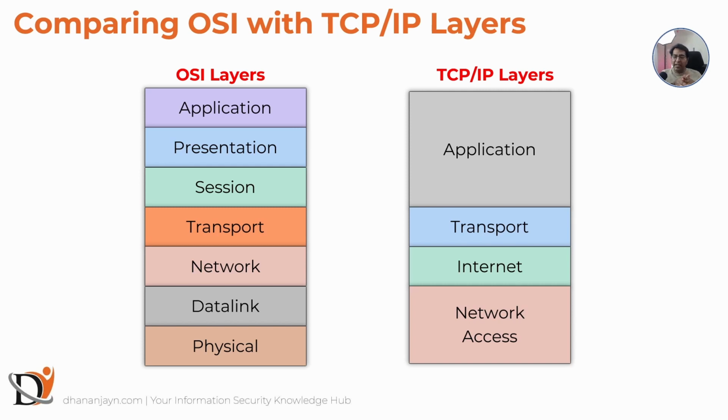But the functionalities and activities happen in the same way. To make it more precise to understand, the OSI model is considered a reference model while explaining communication between source and destination.